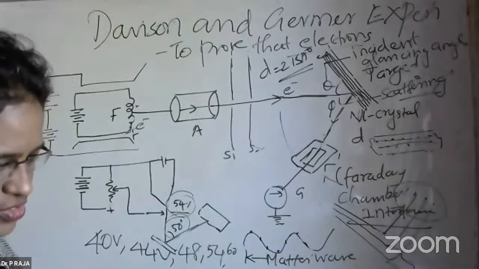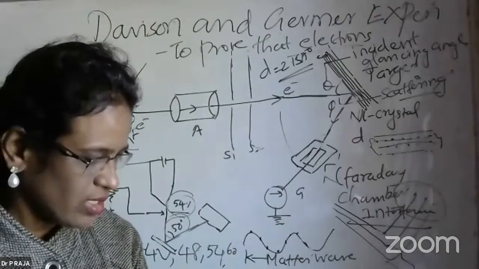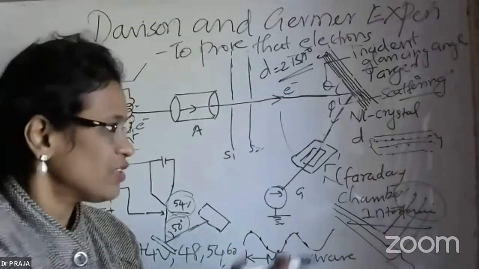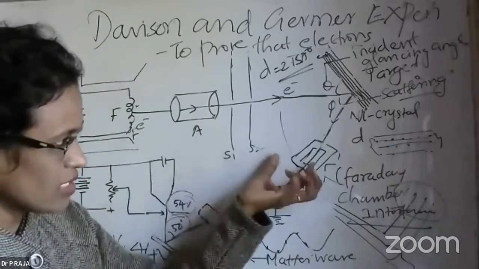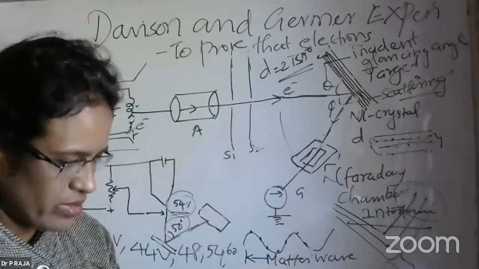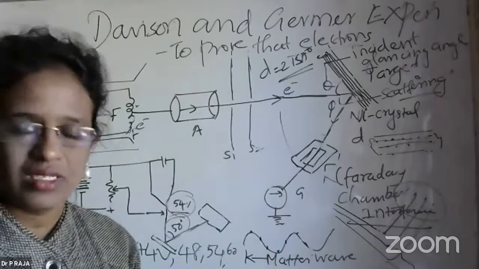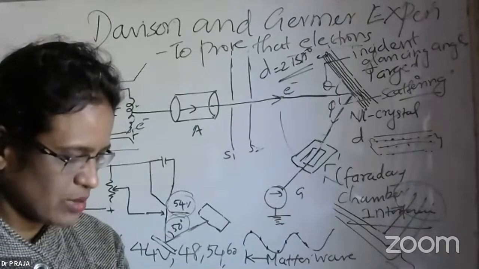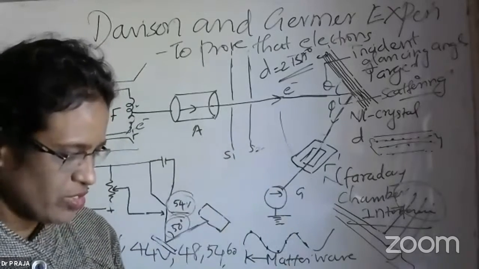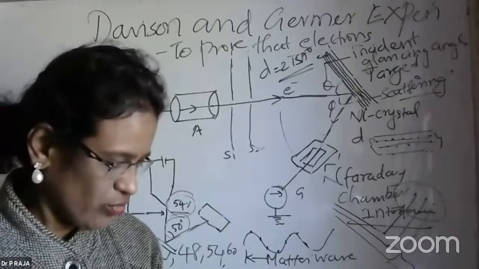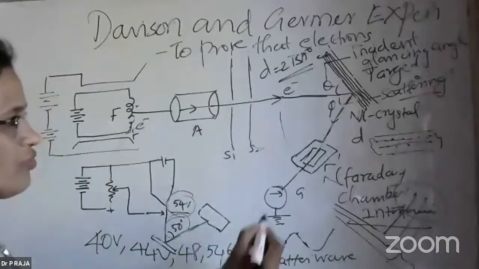This ionization chamber was moved to various positions, and the deflections were measured. It is also called a deflectometer or a Faraday chamber. In different books it is explained in different ways, but it is actually an electrometer, which can measure the intensity of the diffracted beam of electrons.